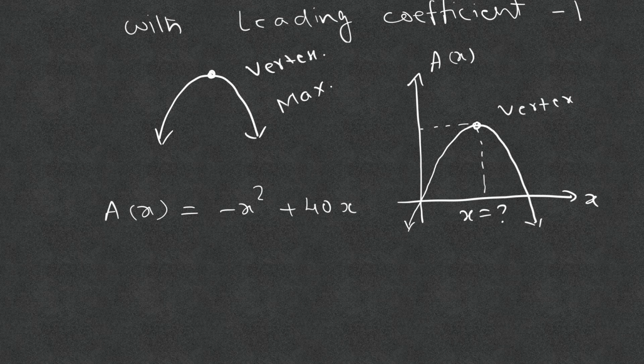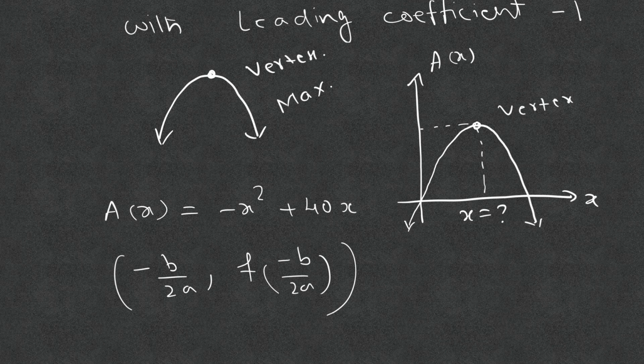We can find the x coordinate of the vertex by using the formula minus b over 2a, comma, the y coordinate of the vertex by f of minus b over 2a, if the function f of x is ax squared plus bx plus c, with a not equal to 0.